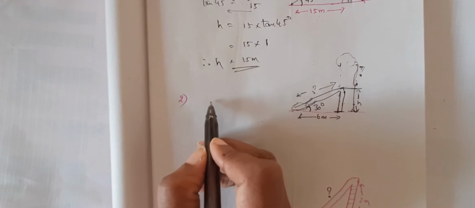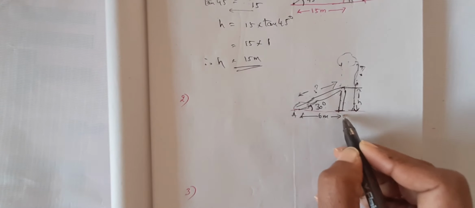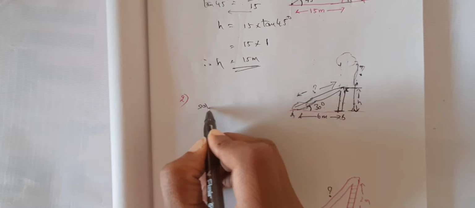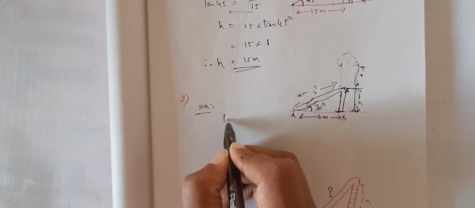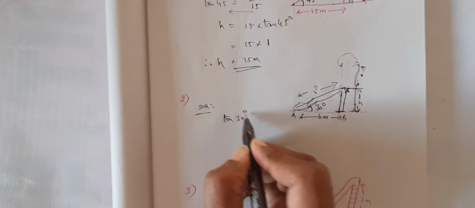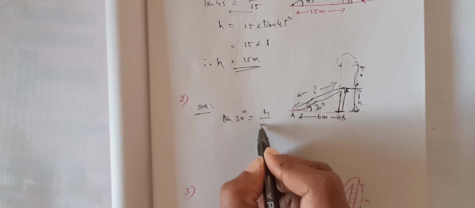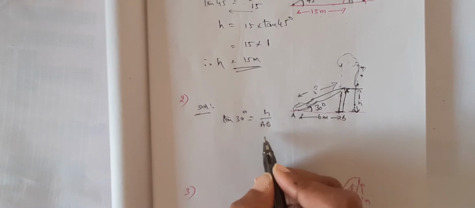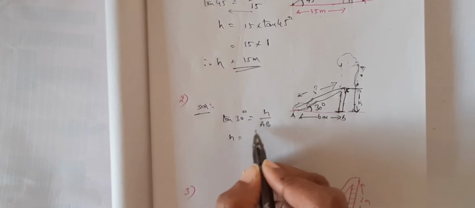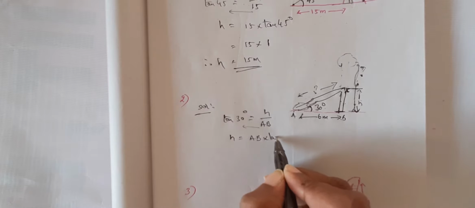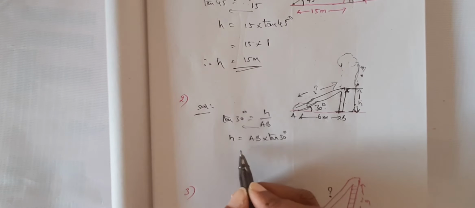So now here we will write, let us name this as A, B, C. Solution: tan 30 degrees is equal to H by AB. Now H is equal to, by cross multiplication, AB into tan 30 degrees.